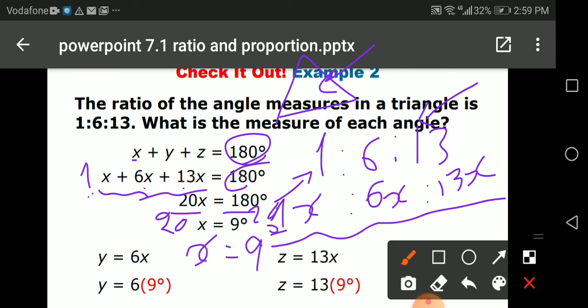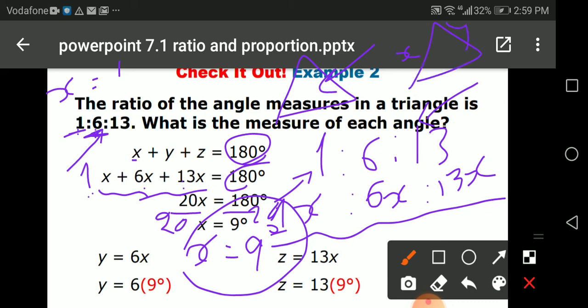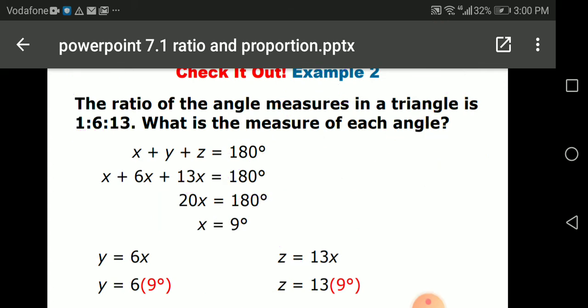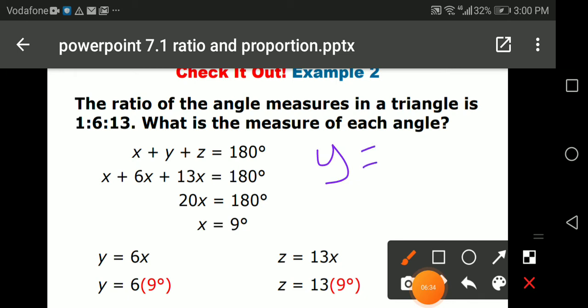So here x equals 9 degrees. What do you think? Yes, x here is 9 degrees. What about y? Here x is the first one, the second one is 6, so y is 6x.